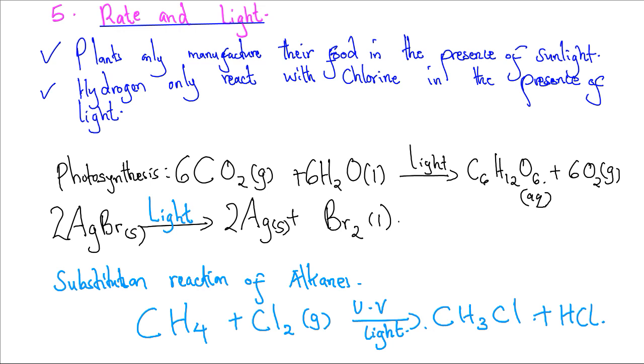Bromine will not react with the alkane. And if you can remember, when talking about the substitution reaction between alkanes and the halogens, it is this sunlight that will make the alkane decolorize bromine water. Without that, there is nothing that will happen. No observable change will be realized because there will be no reaction taking place between the halogen in question and the alkane.